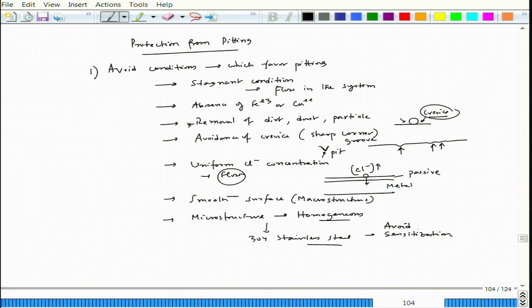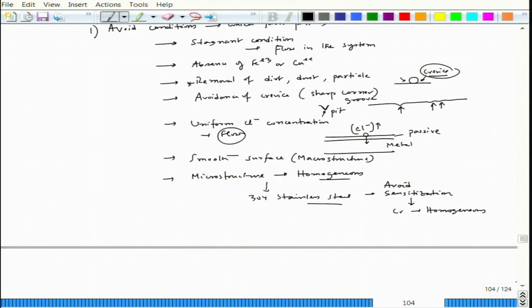Avoidance of sensitization means the chromium content becomes homogeneous, and that would lead to avoidance of pitting. So these are some of the conditions.